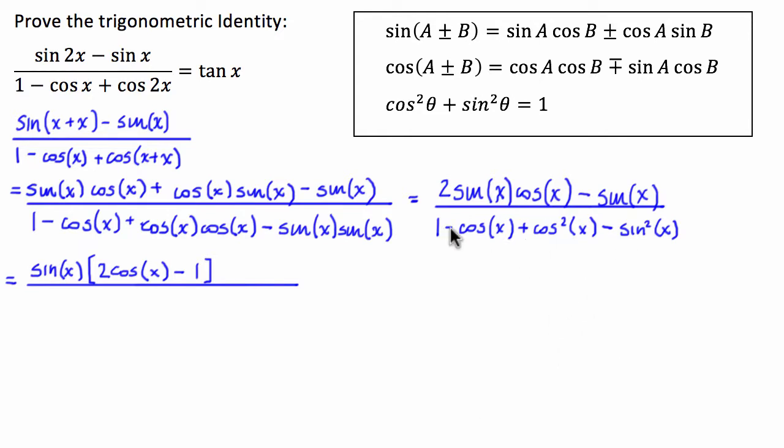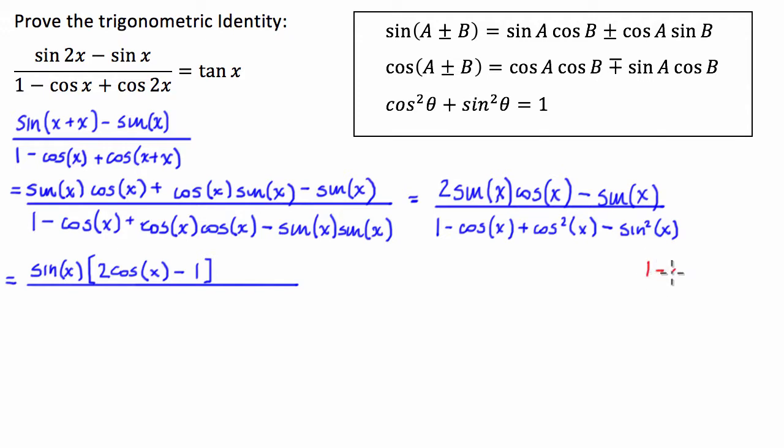In the base here, we've got all cosines except for this sine squared. So when we have a sine squared, we can substitute cosine into here using the third basic trigonometric identity, the Pythagorean identity down the bottom, because we can say that sine squared x is equal to 1 minus cosine squared of x. So what I'm going to do is I'll write that down here for you guys.